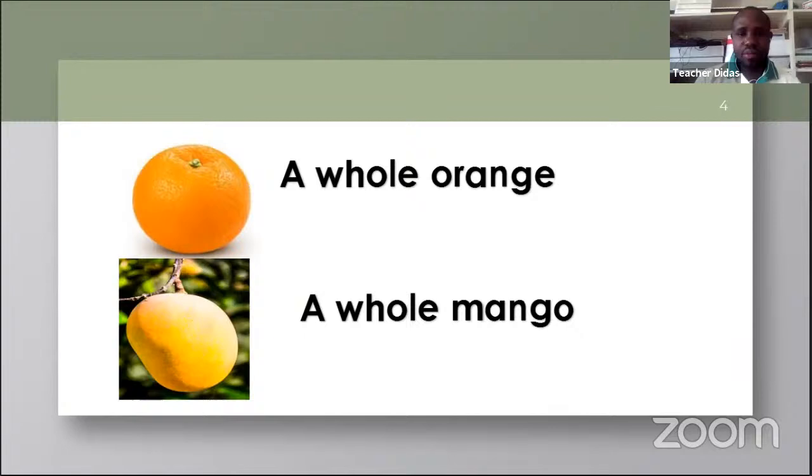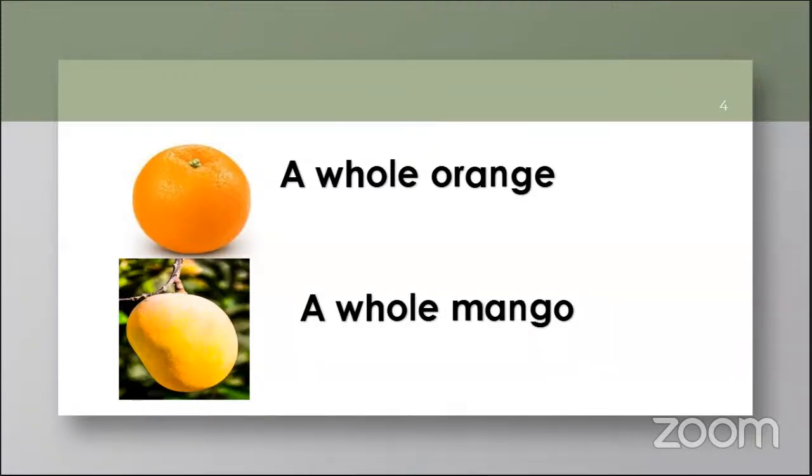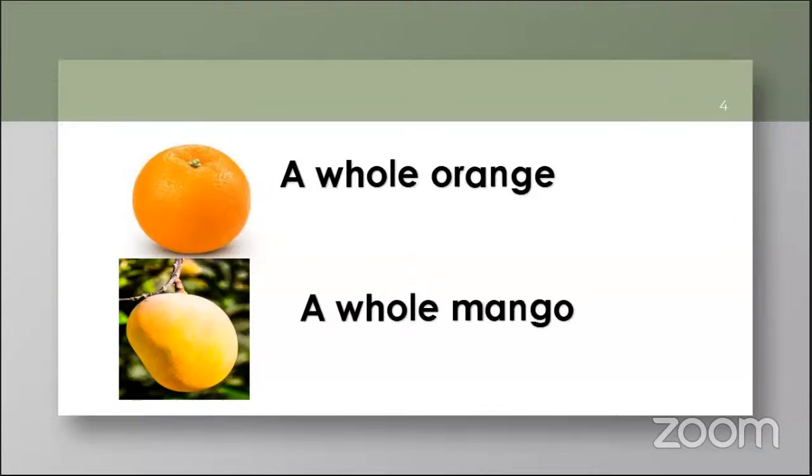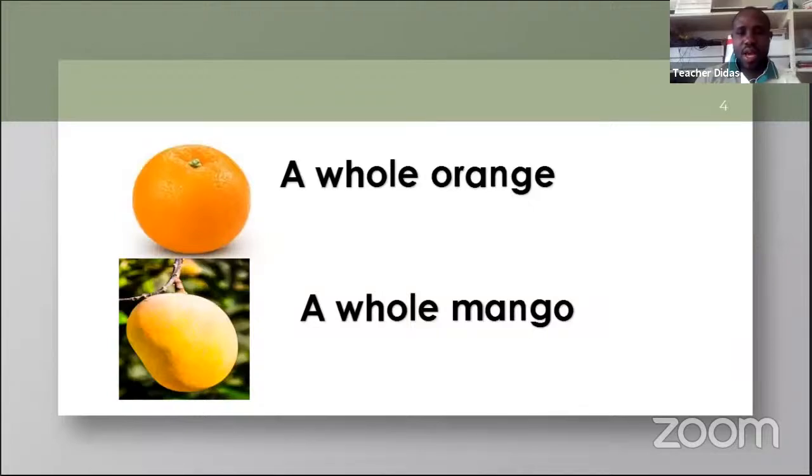Shanita, what do you have? Christian has an apple. What do you have, Shanita? A cucumber. You have a cucumber. Okay, that's good. Have it with you and a knife. Nathan, what do you have?